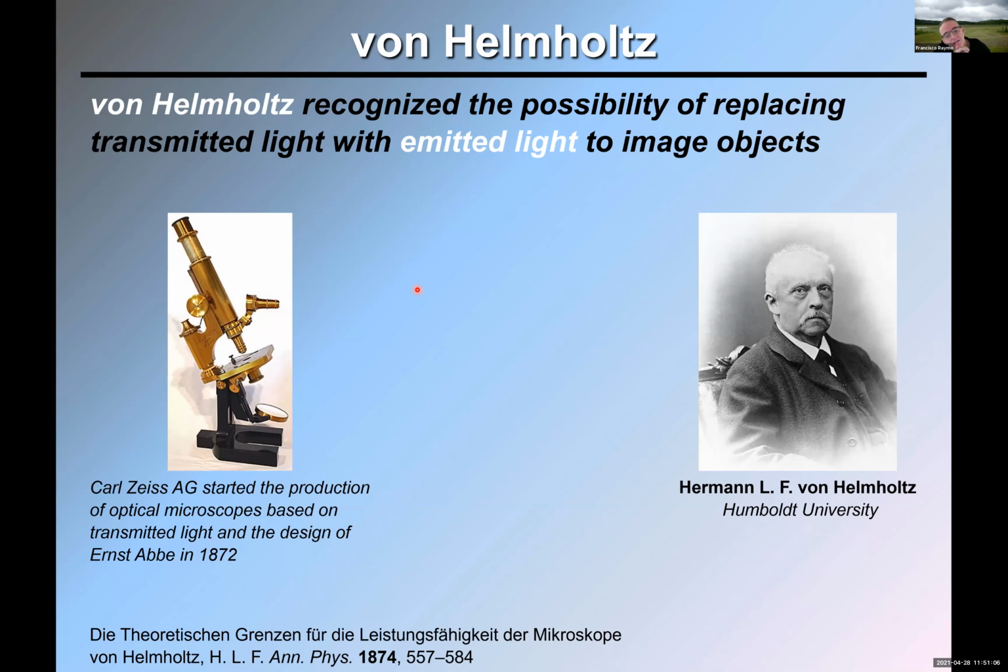So it suggested the development of a fluorescence microscope that could visualize samples on the basis of the emitted light instead of the transmitted light. And this happened in 1874. And it took a while for a fluorescence microscope to be developed.